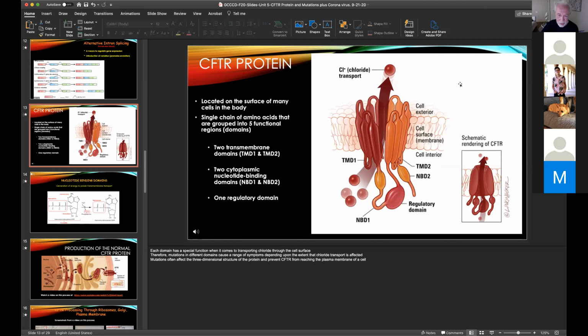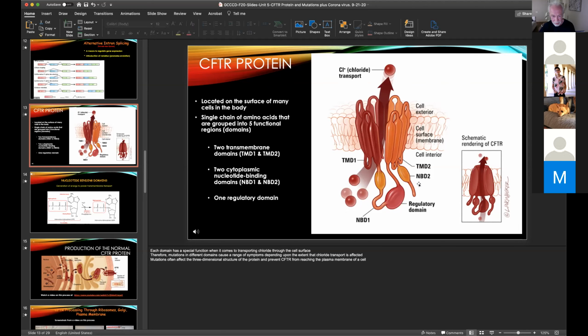And these transmembrane domains make a channel through the plasma membrane from inside to outside. And that channel is for the passage of chloride ions. So if the channel either isn't there or it doesn't work properly, chloride ions are either transferred not at all or transferred poorly, and things get clogged up on the outside of the cell.